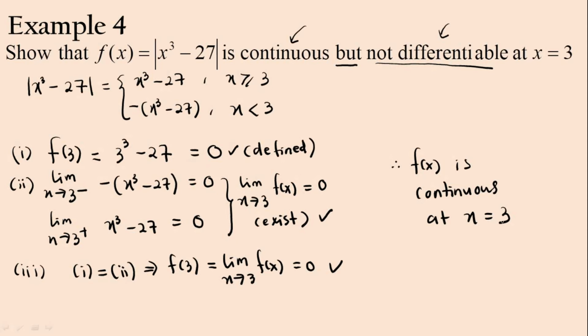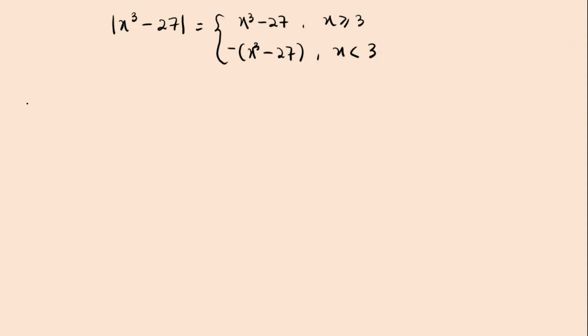Okay, so now we are done with the first question. Let's proceed with the second part. We have to show that our function is not differentiable. If we want to check the differentiability, we still have to find the one-sided limit using the formula of differentiability. So first, we find the limit as x approaches 3 from the left.